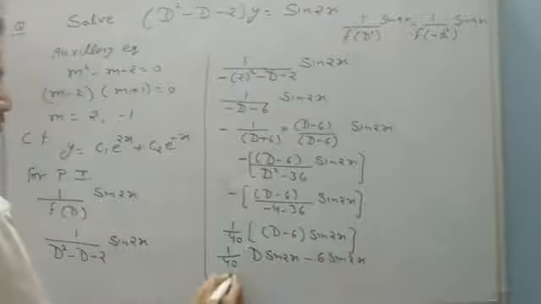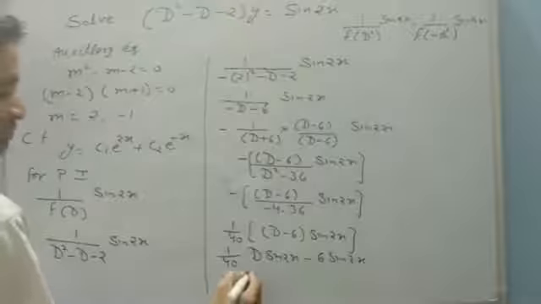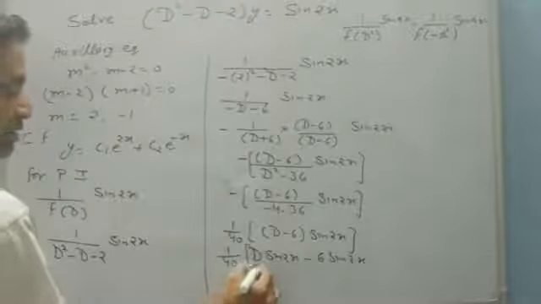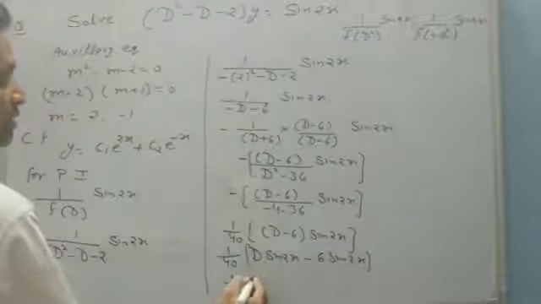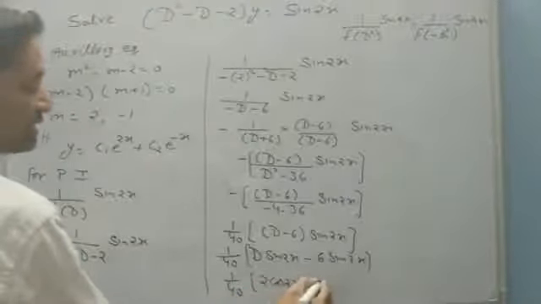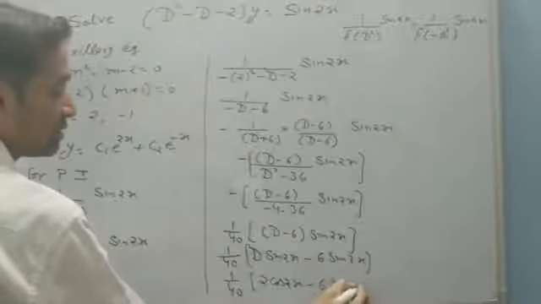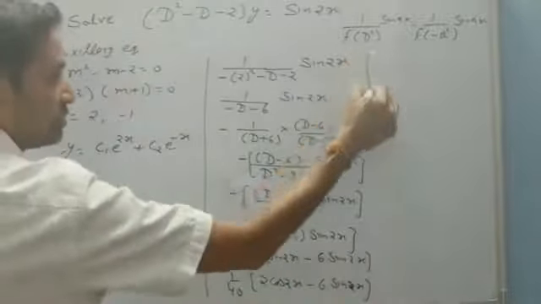The derivative of sine 2h will be 2 cos 2h, minus 6 sine 2h. So you know how to write.